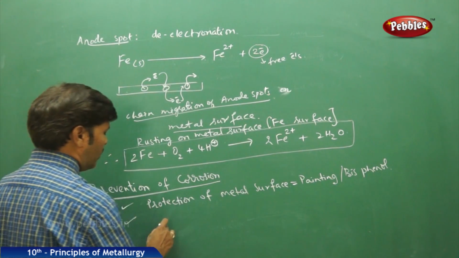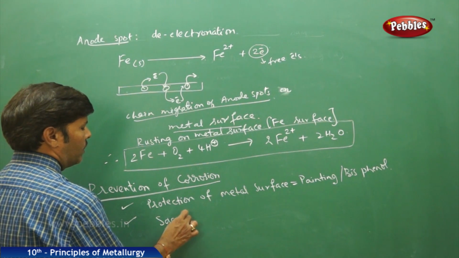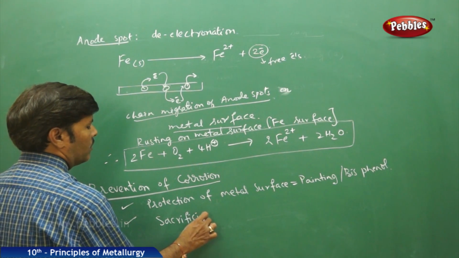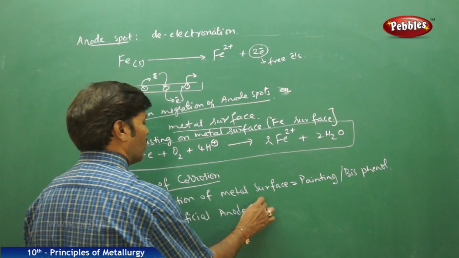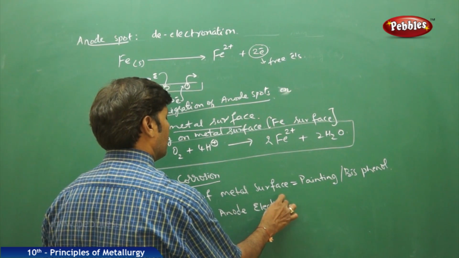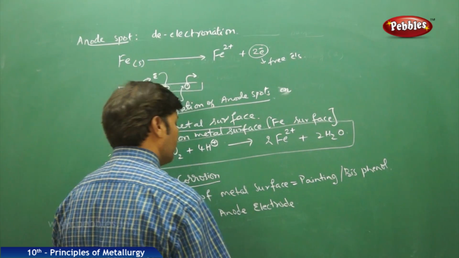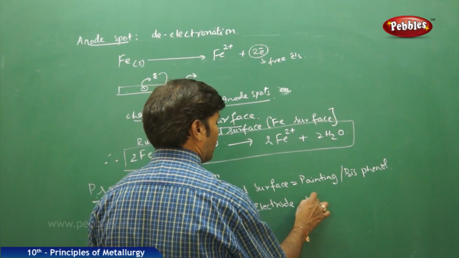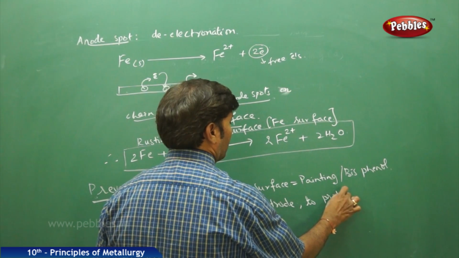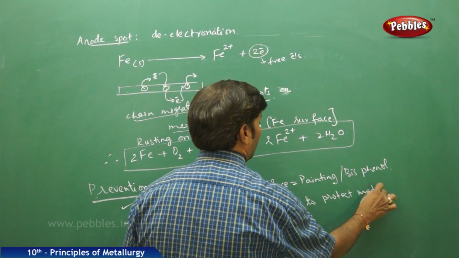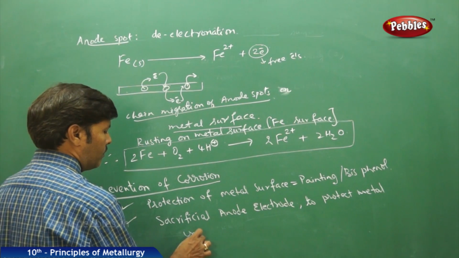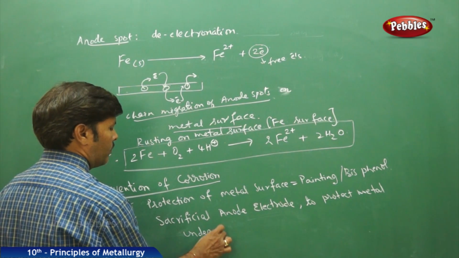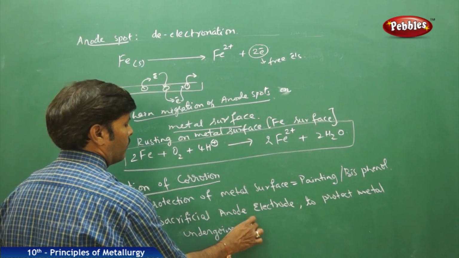Then you can also use a sacrificial anode electrode to protect the metal undergoing corrosion.